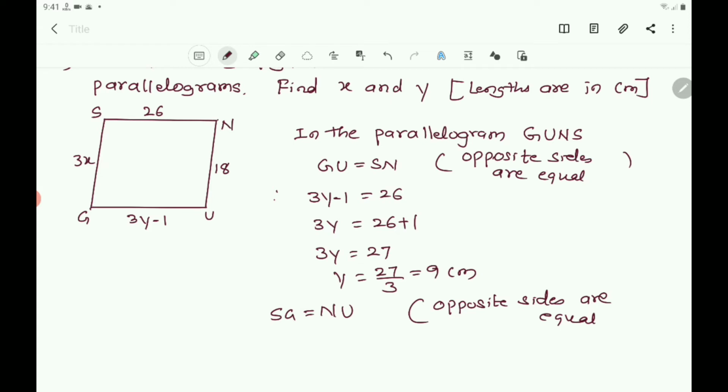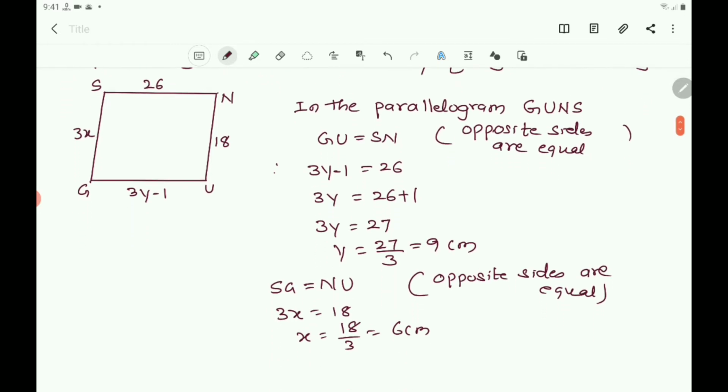Because it is a parallelogram, opposite sides are equal. SG is equal to NU, that is 3x is equal to 18 and x is equal to 18 by 3, that is 6 centimeters. So you got x and y here, that is x is equal to 6 centimeters and y is equal to 9 centimeters.